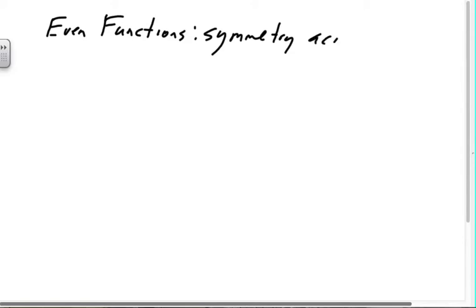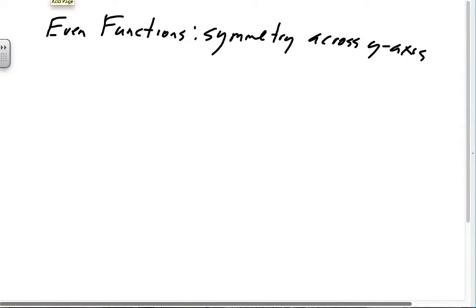Even functions. These things have symmetry across the y-axis.